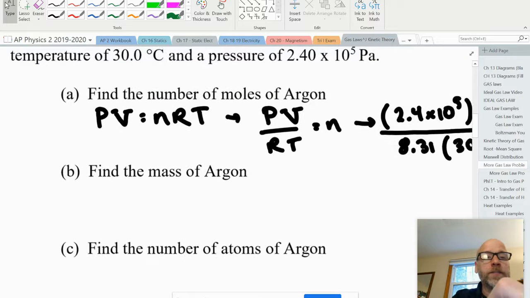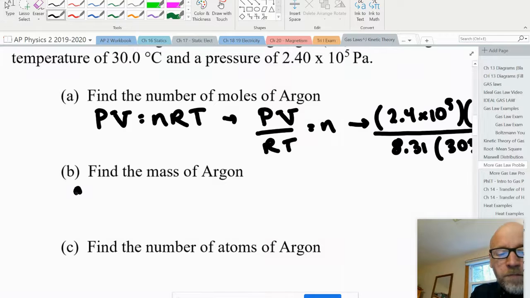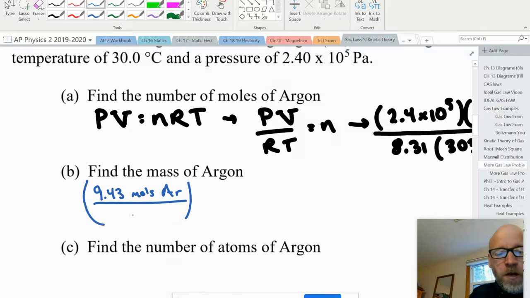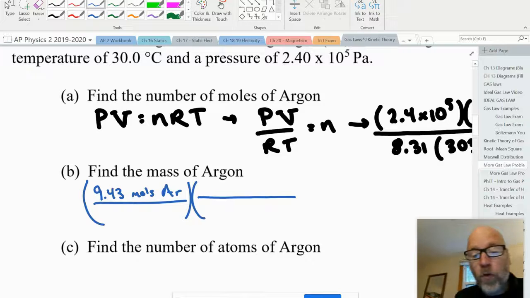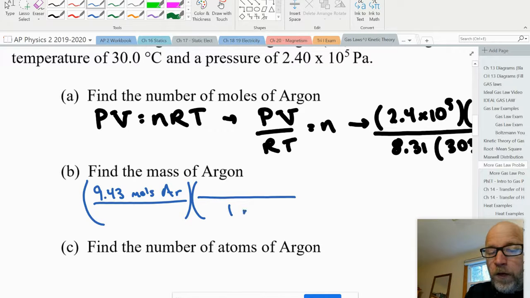Now this is going back to chemistry a little bit. If we have 9.43 moles of argon, I can do my dimensional analysis. It gives me the molar mass of argon right there, 40 grams. So in 1 mole of argon, it's going to be 40 grams of argon.